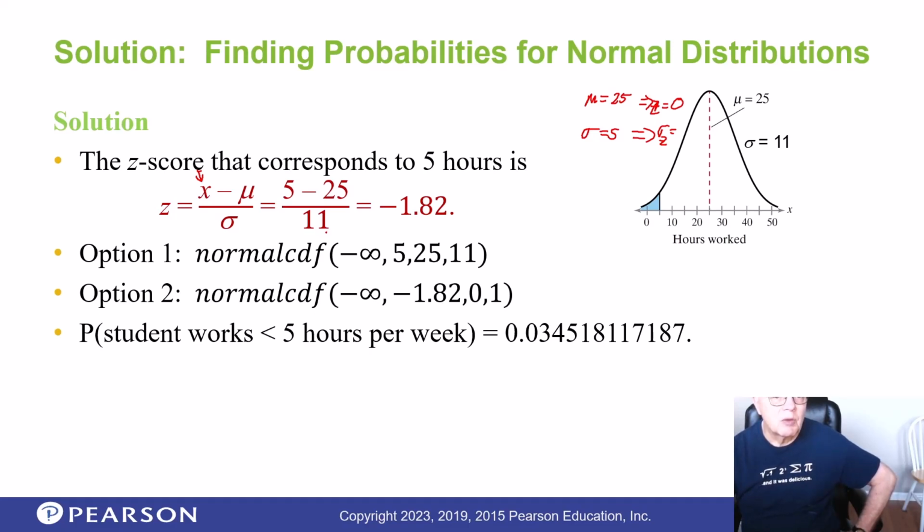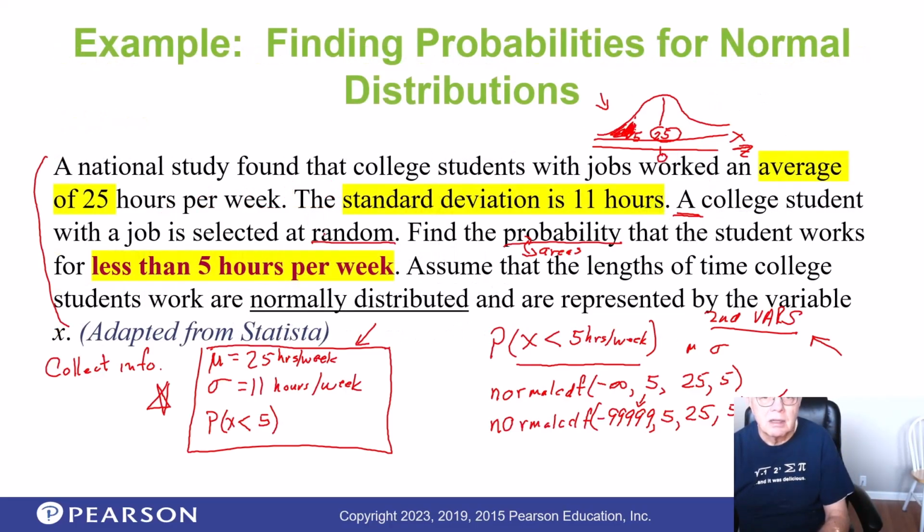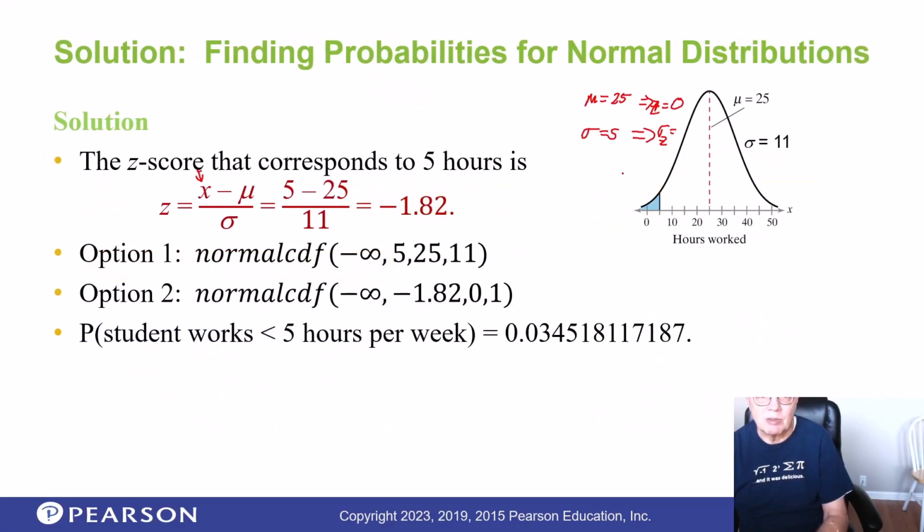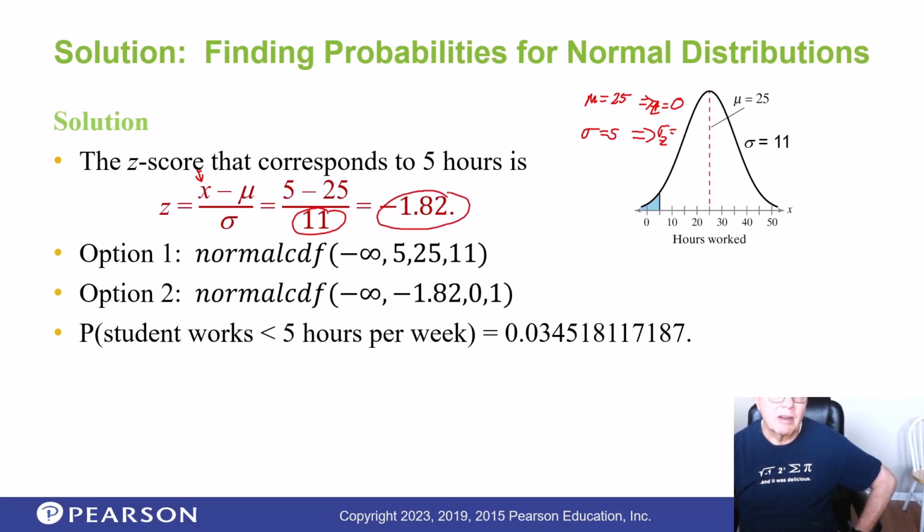Okay, I think we've got a small mistake there. Let me check here real fast. My mistake. Standard deviation is 11. Well, we all make mistakes, don't we? So we need the 11 here, and just quick use of the calculator, that is our z-score.